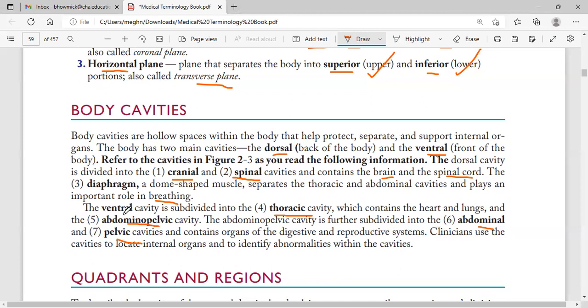Abdominopelvic means part of the abdomen, part of the pelvis. The abdominopelvic cavity is further divided into abdominal and pelvic cavities and contains organs of the digestive and reproductive systems. The abdominal cavity contains digestive organs and the pelvic cavity contains reproductive systems.